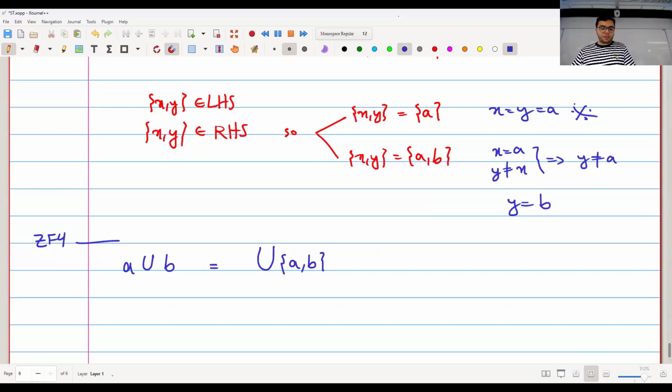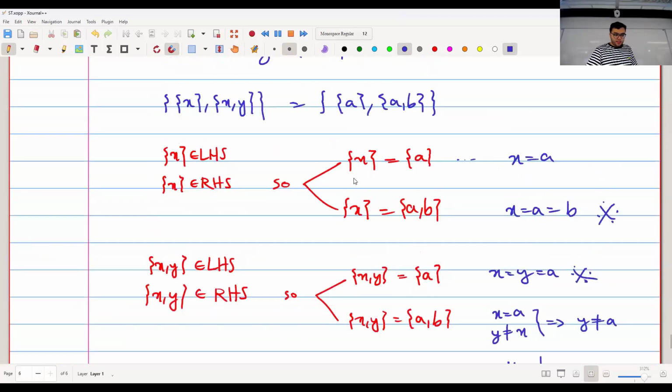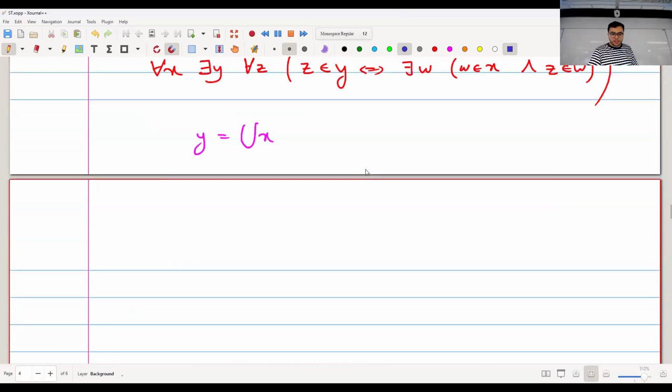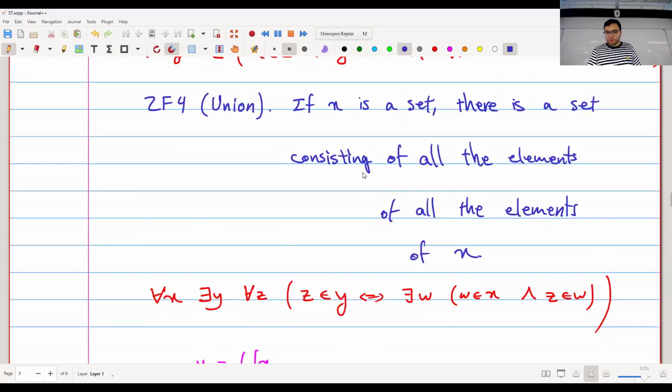And this is exactly what we normally just call a union. Yeah, so if I have two sets, their union is also a set, but I have something much better. I have that if I have a set of sets, the union of all the sets in this set is a set.